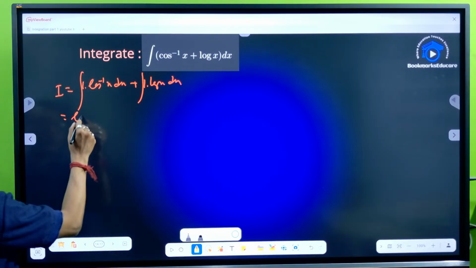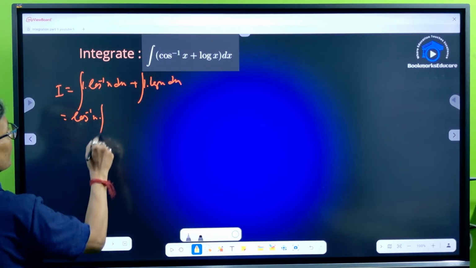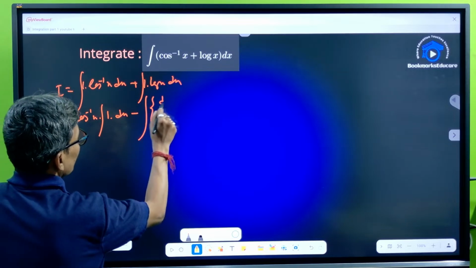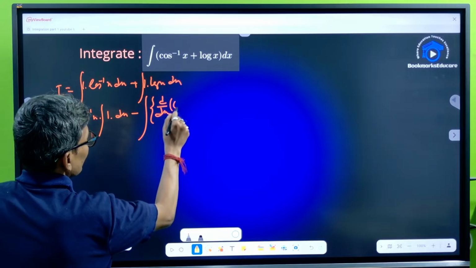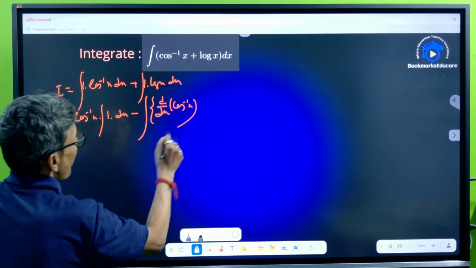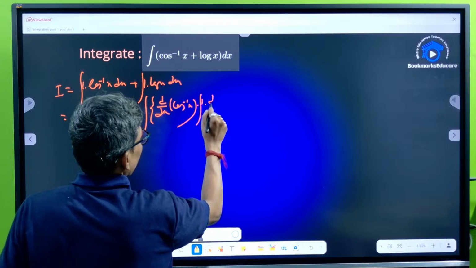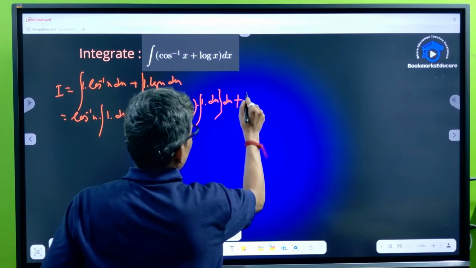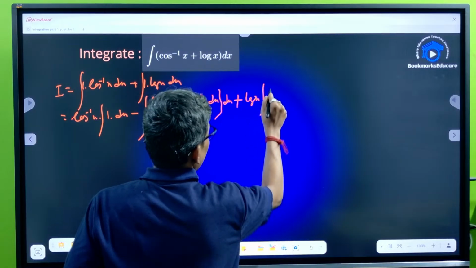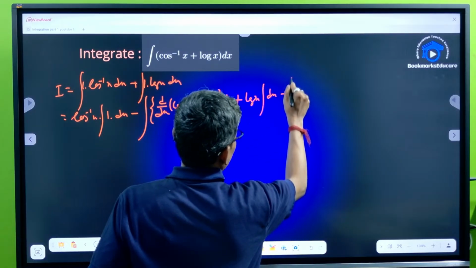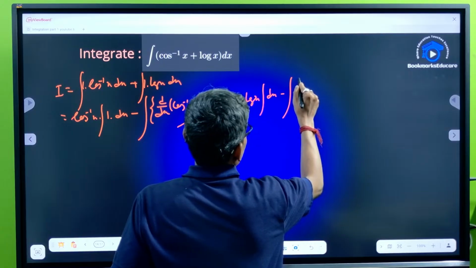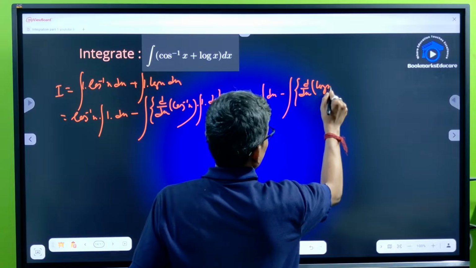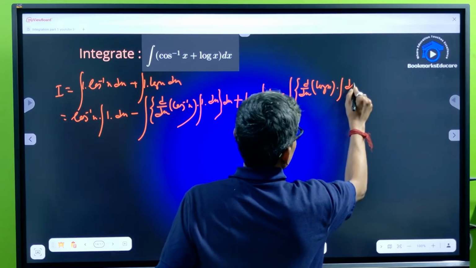So first function is cos inverse x, 1 into dx minus d dx of cos inverse x into 1 into dx, plus log x into dx minus d dx of log x into dx.